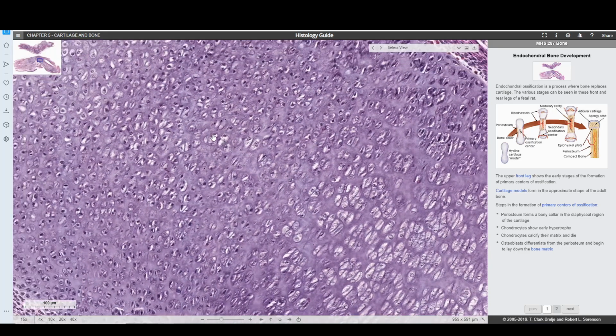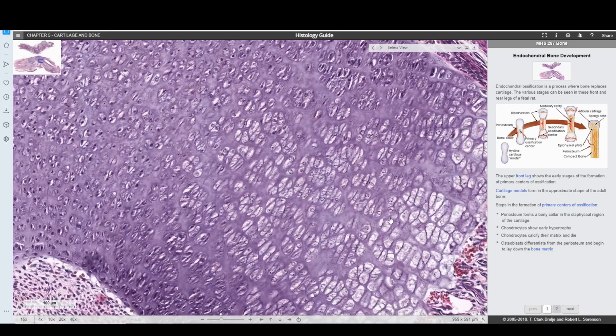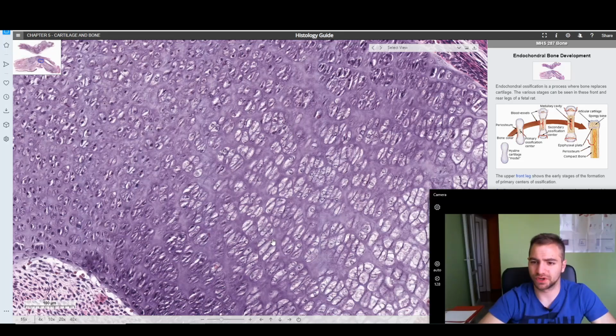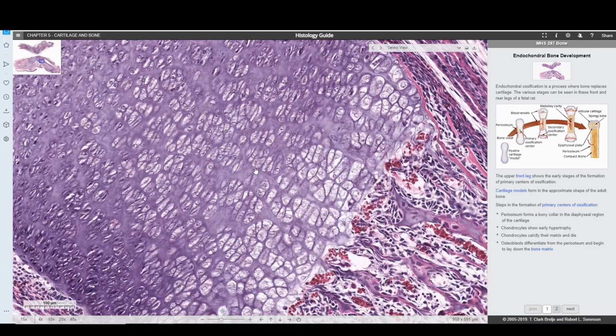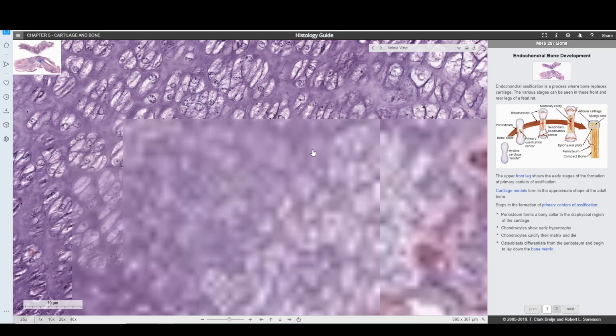This is just the reserved cartilage as it is, the hyaline cartilage as it is. Here we start having this zone of proliferation, but because of the section we cannot see it in parallel arrangement, but we can see the increasing amount of chondroblasts and chondrocytes in this location, and eventually we can see the zone of hypertrophy right here much more clearly.